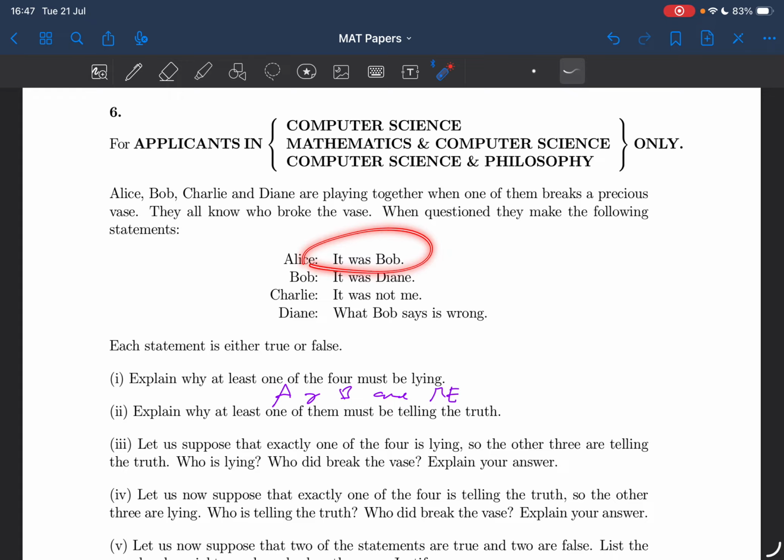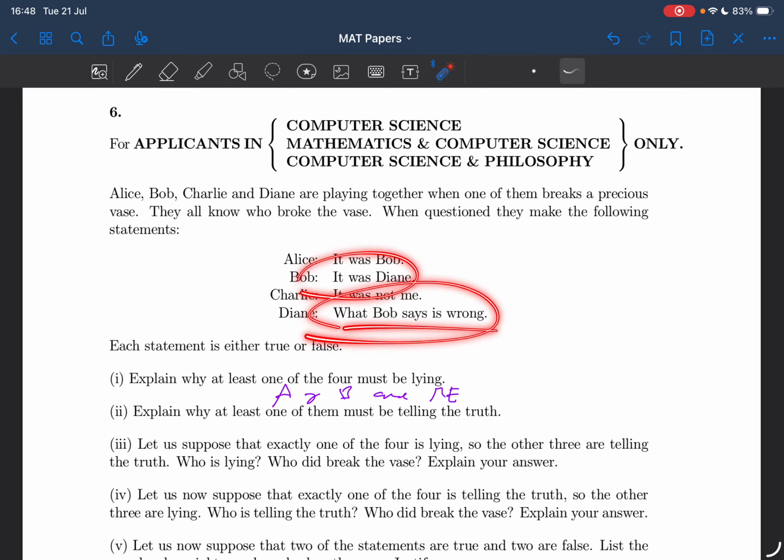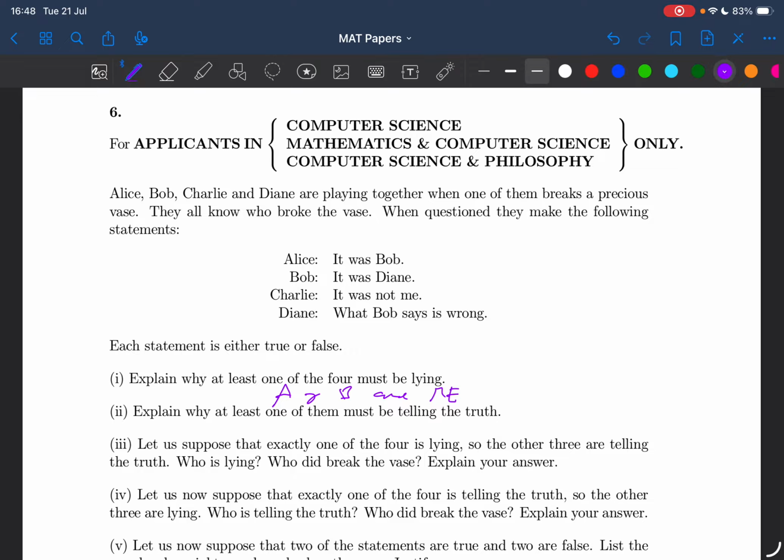If it was Bob, it wasn't Bob. Can they both lie? Because what Bob said is wrong. Diane is just saying that Bob is lying. So Bob makes some statement B, and Diane makes the opposite of statement B. They are mutually exclusive again.